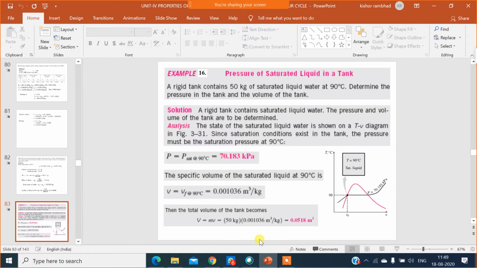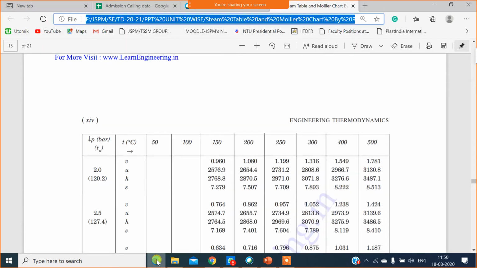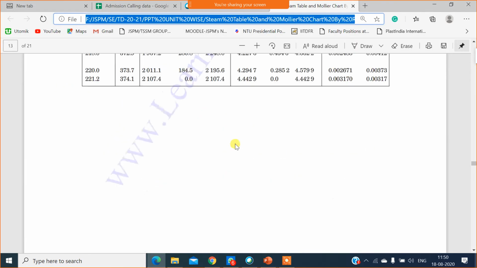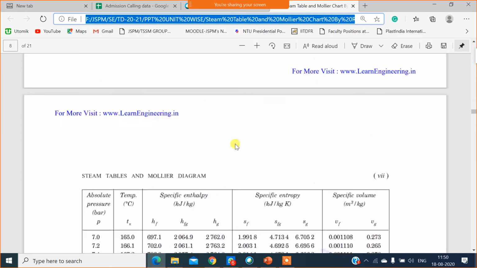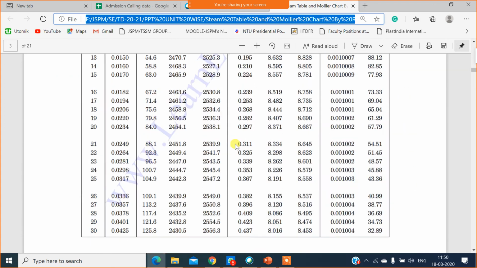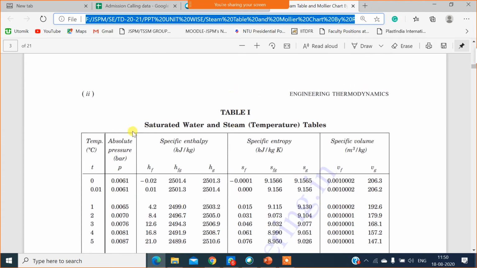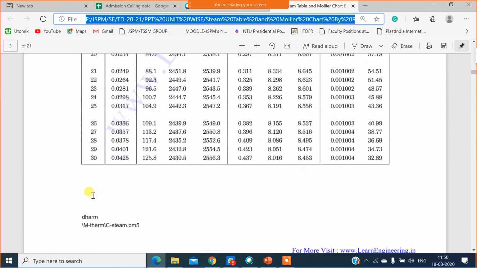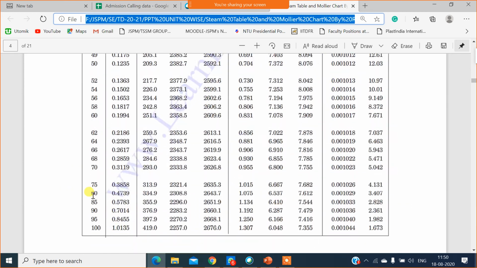Okay, we will go to the steam table again for 90 degrees Celsius. This is table number 1. Look at here on the left hand side. Temperature is given. We will go to 90 degrees Celsius.